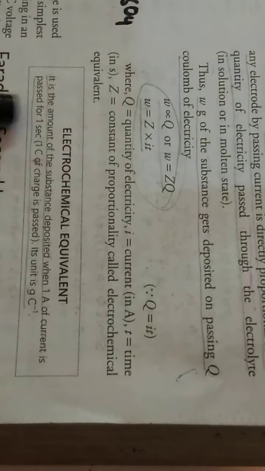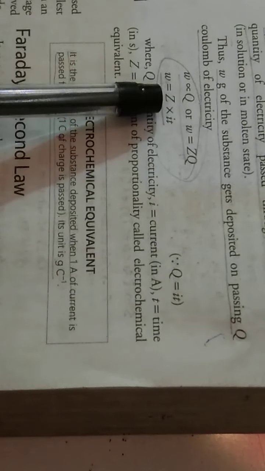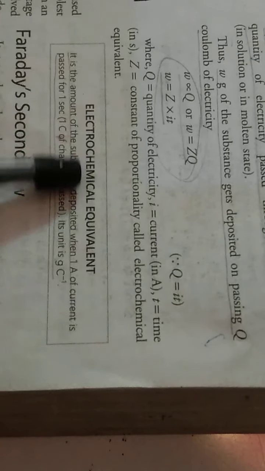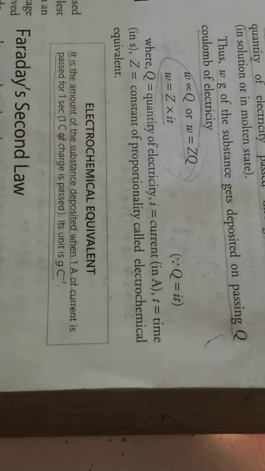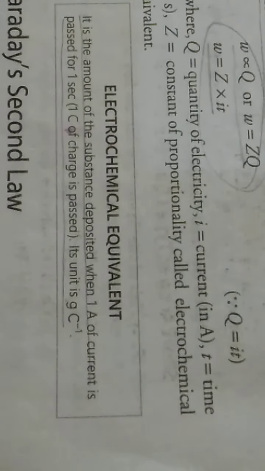Okay. Now what does this Z mean? The Z is the constant which is also known as electrochemical equivalent. Now children, what is electrochemical equivalent?